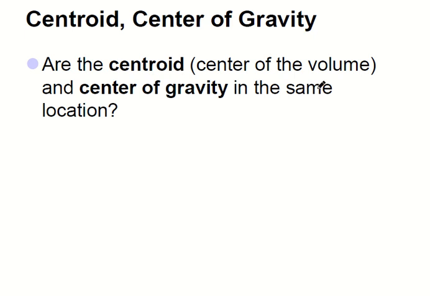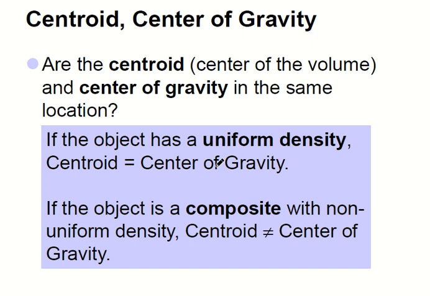Okay, centroid, center of gravity. When you deal with the center of the volume, we call that the centroid. And then of course you also have your center of gravity. You wonder, are they in the same location? Yes, if your object or body has a uniform density. Another physics review coming in: your centroid is equal to the center of gravity.